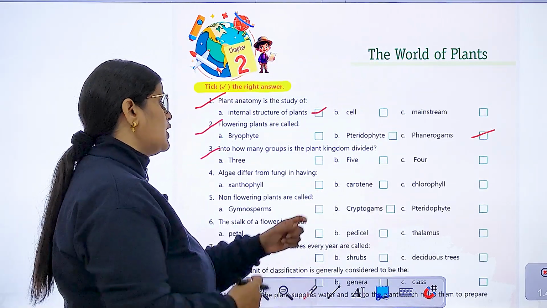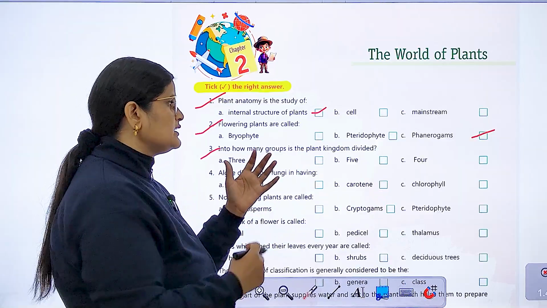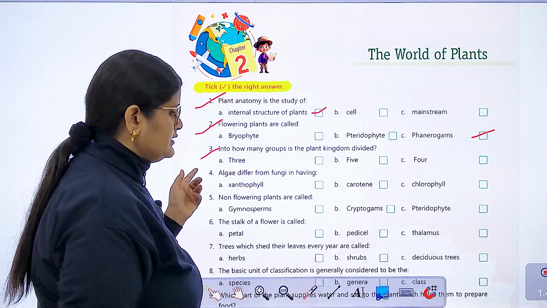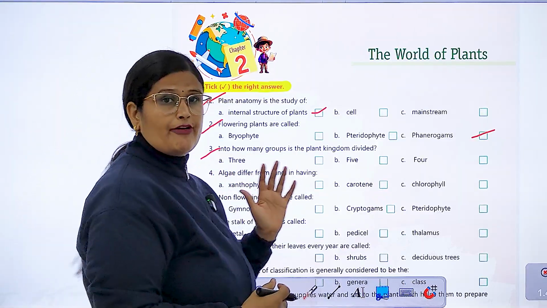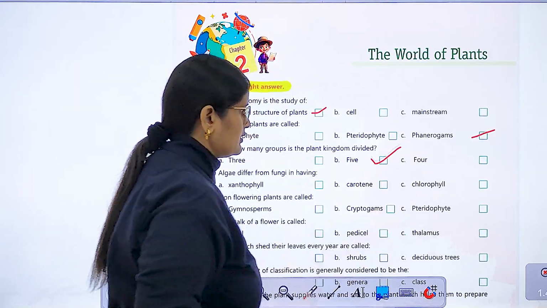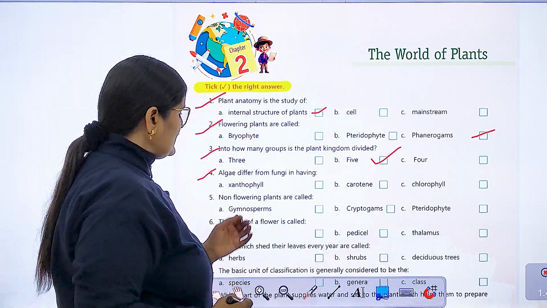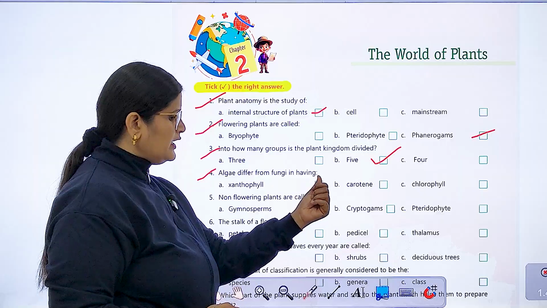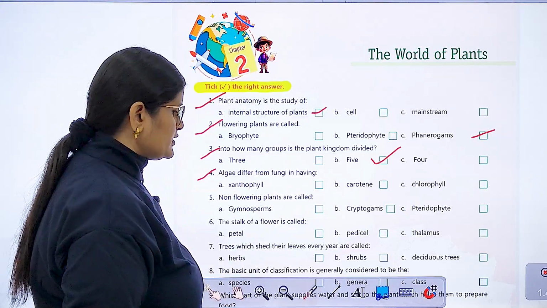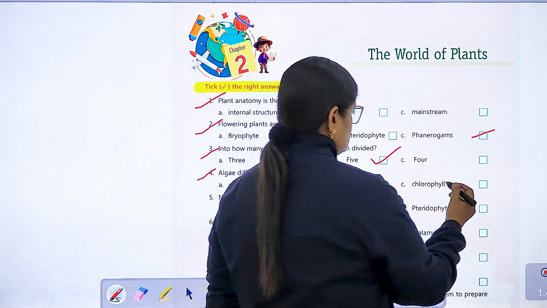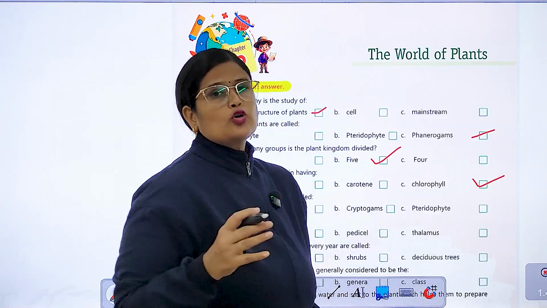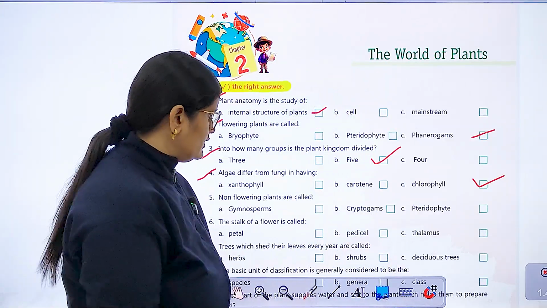Number 3, into how many groups is the plant kingdom divided? 5. Number 4, algae differ from fungi in having option C. It is chlorophyll.